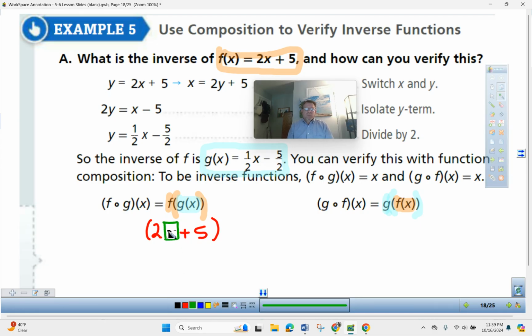So what's going to go inside here? Well, if this said f of 3, you would put a 3 here. But since it says f of g of x, that means you're going to put g of x here. Well, what does g of x equal? Well, that big thing. So let's rewrite this.